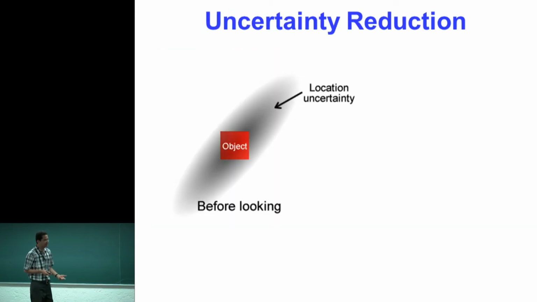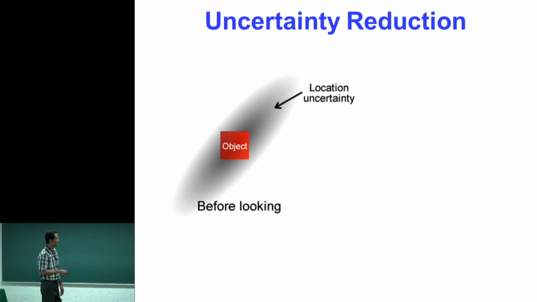So why do we need this kind of movement? The idea is that, at the beginning I said that robots or humans as well, we need to reduce uncertainty, okay? We need to get more information. So for example, we can represent the uncertainty about where the location of this object is using a Gaussian model.